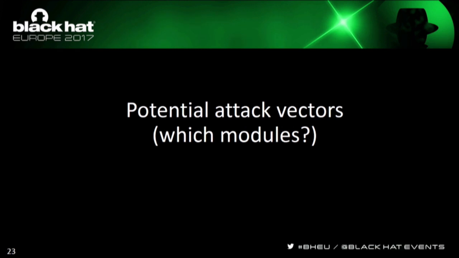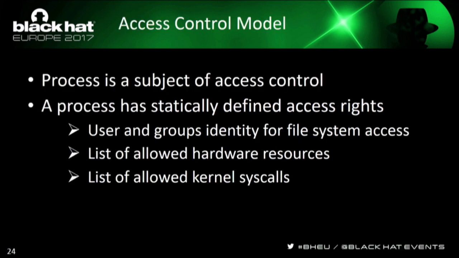The next important step is to choose a target module. It is especially important because different processes have different privileges inside the management engine. It is where we encounter the Intel ME access control model.